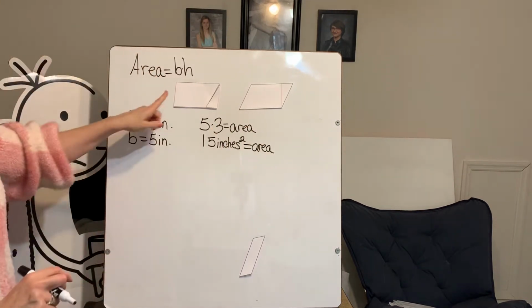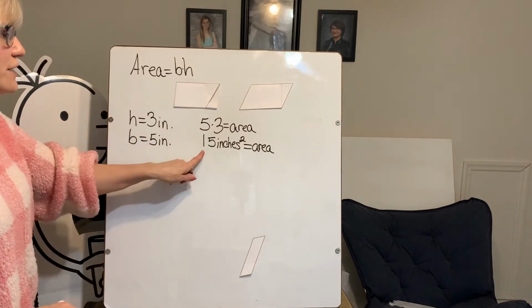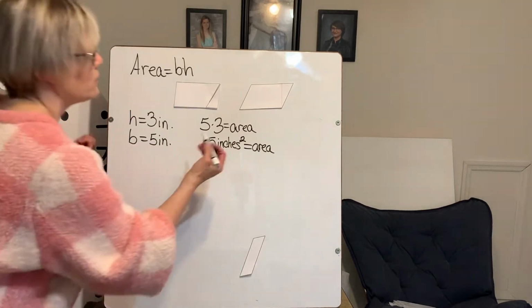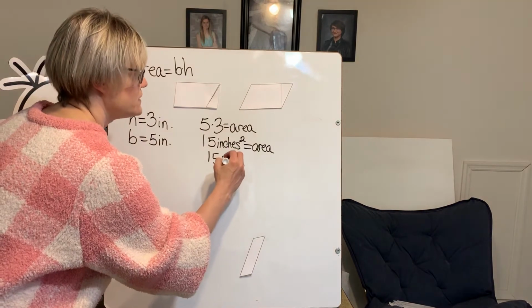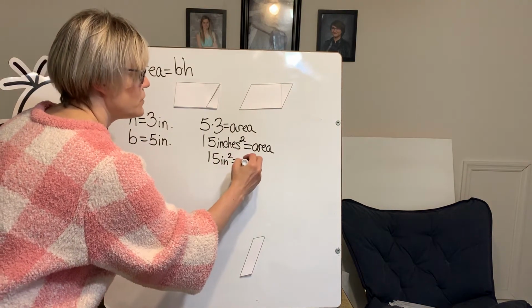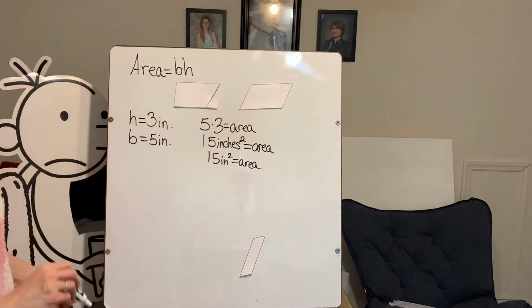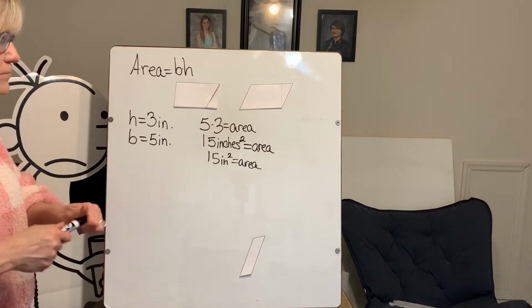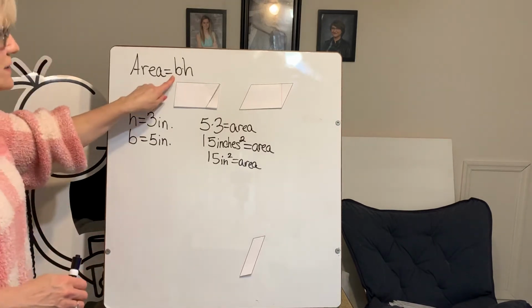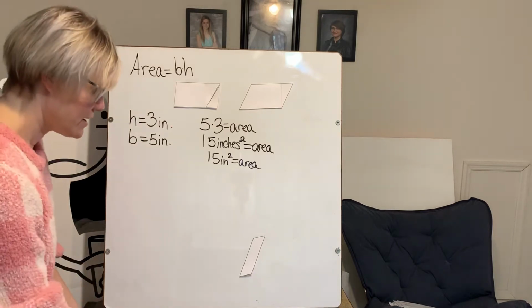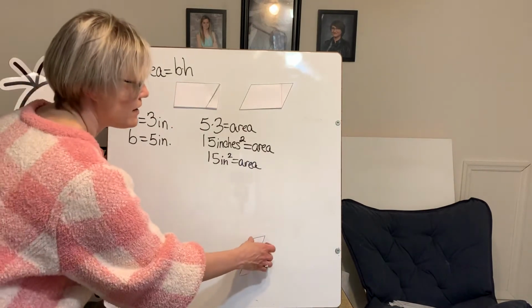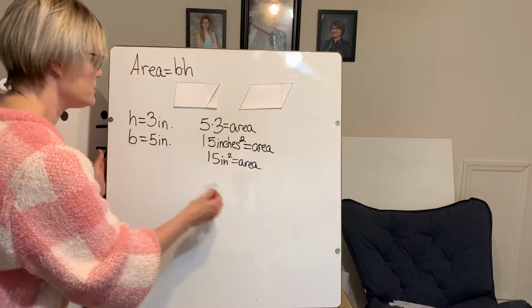So my area for this parallelogram is 15 inches squared, or I could go ahead and write 15 inches squared equals the area. Okay? So base times height. Now, I have another parallelogram here that looks a little different.